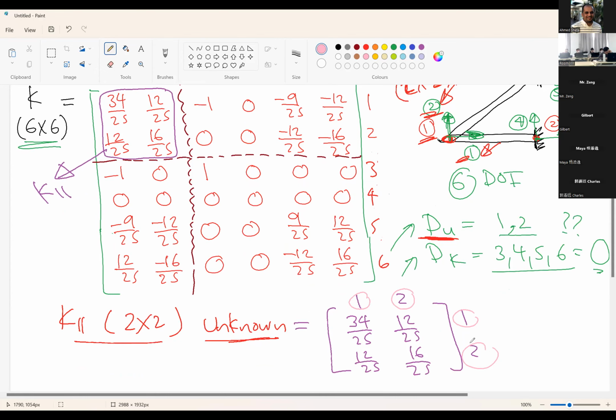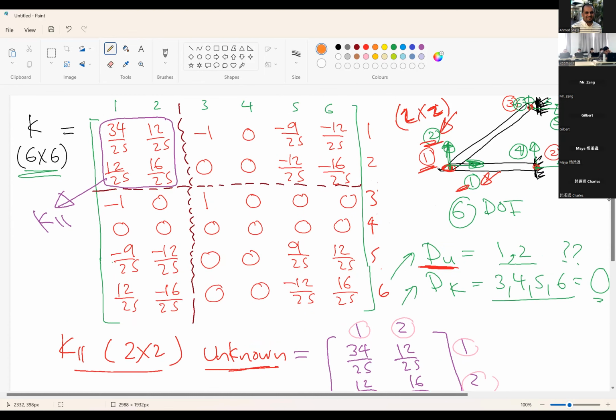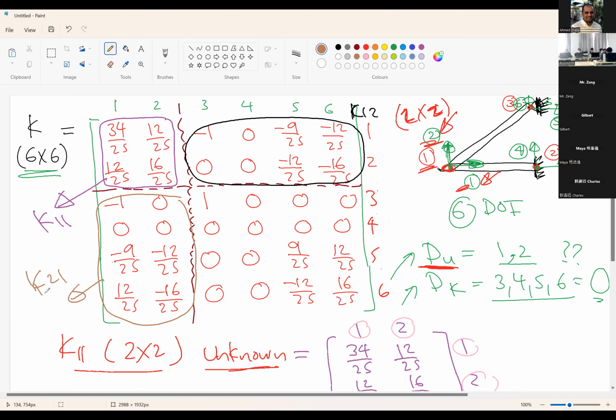So this is K11. So where is K12? If this is K11, then this is K12. And this is K21. And this is K22.